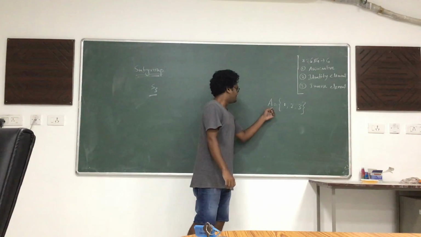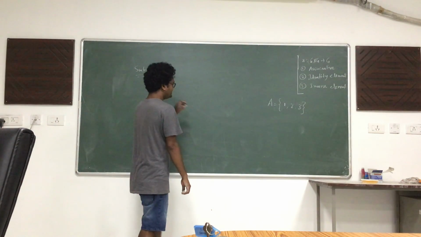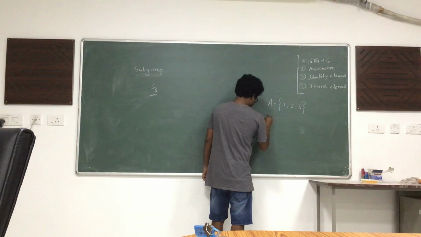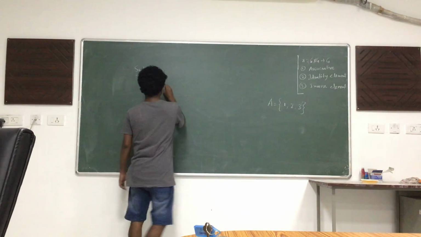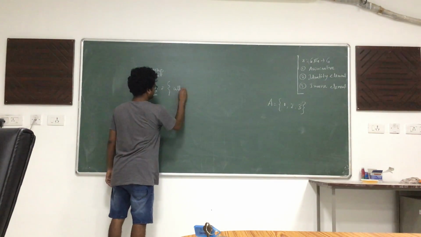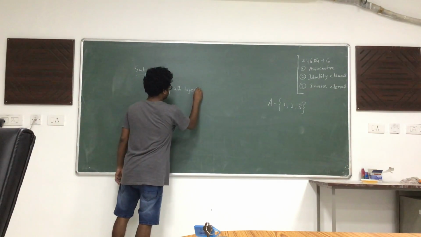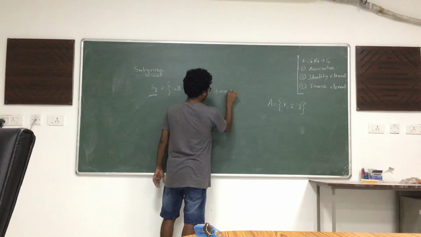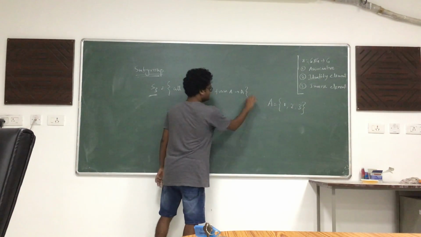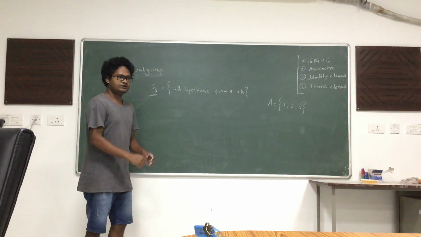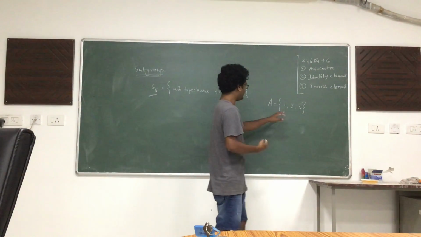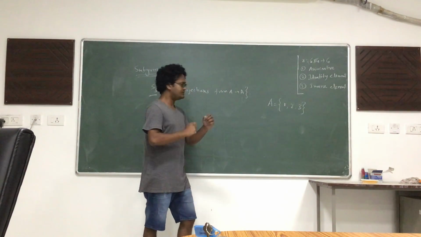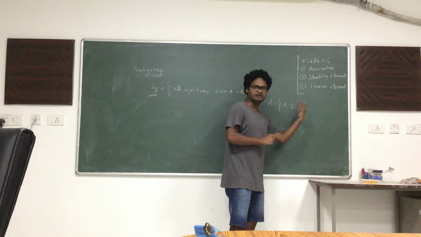So for S3, let's say A has 3 elements. Then we define S3 to be all the bijections from A to A. So basically its elements are the functions which give the permutation between all these elements.